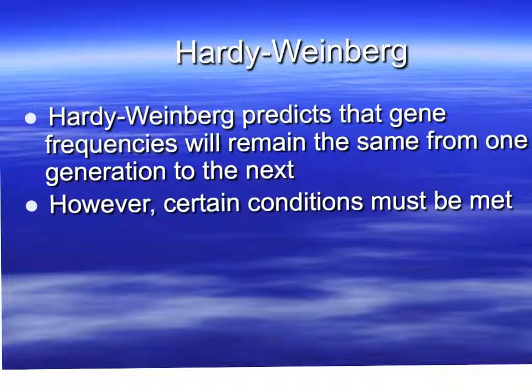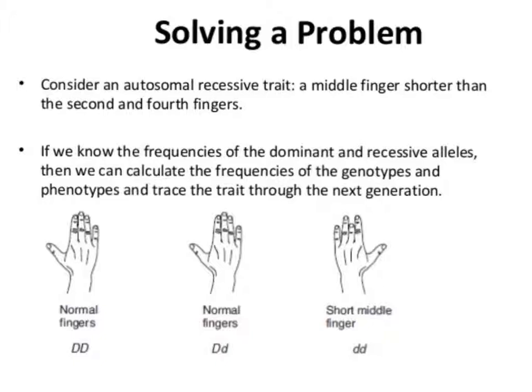Small population size can also cause random changes in the allele frequency. When we look at sex-linked traits, because males only have that one X chromosome, females have two, we're going to see a deviation from the Hardy-Weinberg expression. With that said, we still can use the Hardy-Weinberg Principle effectively in solving various genetic problems.